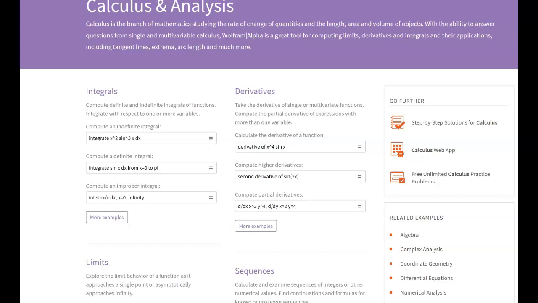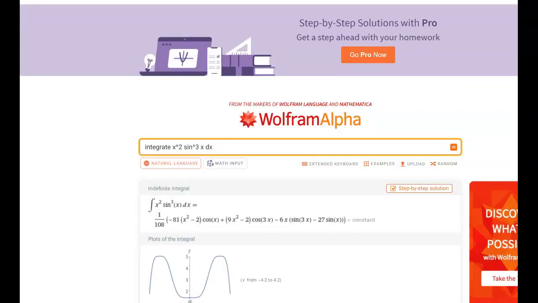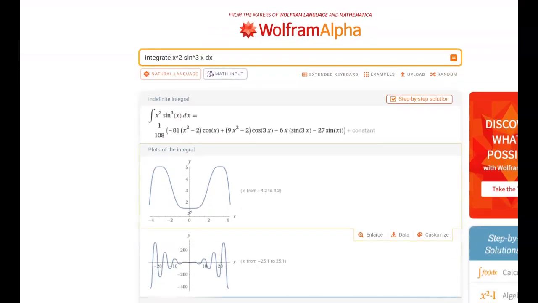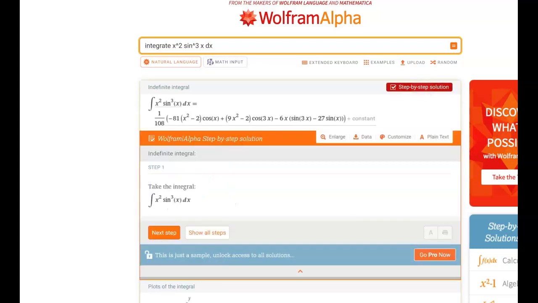You got to be careful. Here's one, integrating x squared sine cubed x. It's not going to give you the steps, right? Here's what happens if you try for the steps. You are going to be asked to go pro now. So you're going to have to pay a lot of money to get the steps. That's always fun.